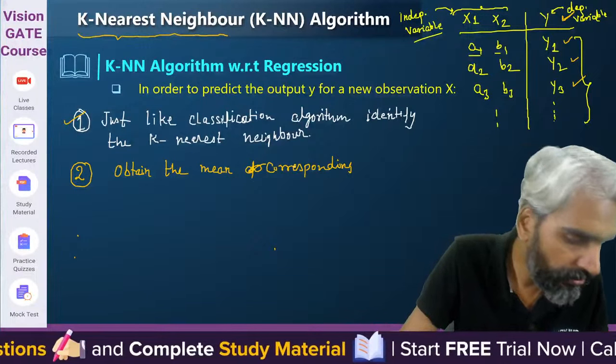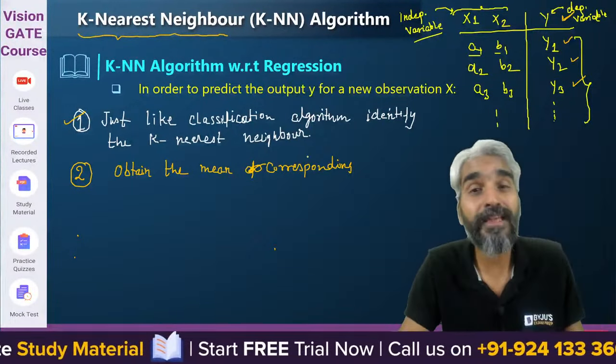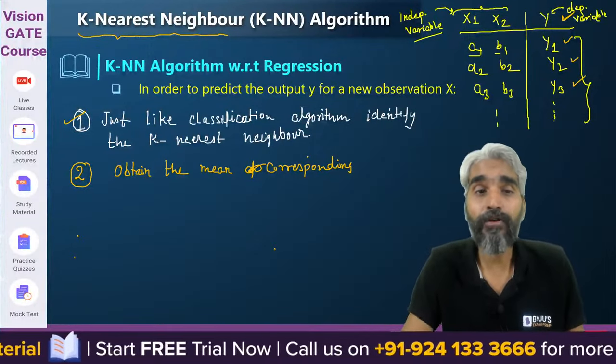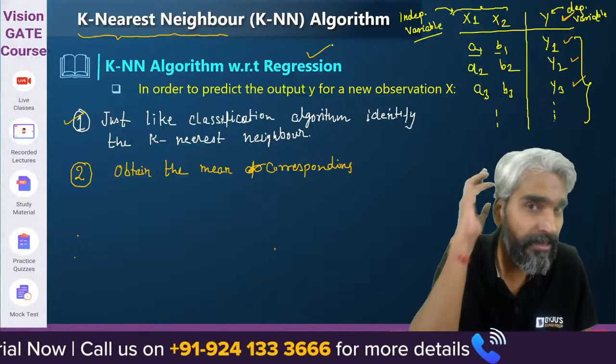Sir, what if these three neighbors are of different classes? Fanto, this is not the classification problem. Please try to understand, classification is a different thing, regression is a different thing.